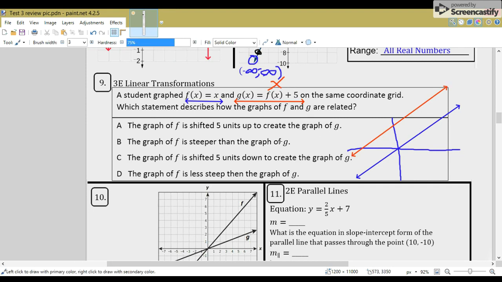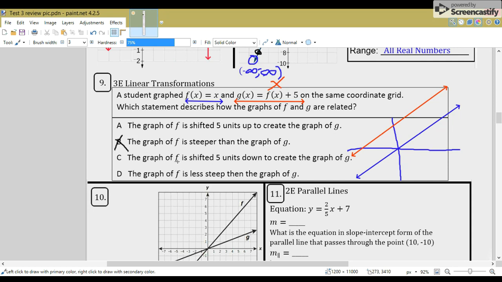Now let's read our answer choices and see what this describes. A. The graph of f is shifted 5 units up to create the graph of g. From the blue to the red, yes, it did go up. B. The graph of f is steeper than the graph of g. These are parallel lines, so they have the same slope. One of them can't be steeper or less steep than the other, so that can't be right.